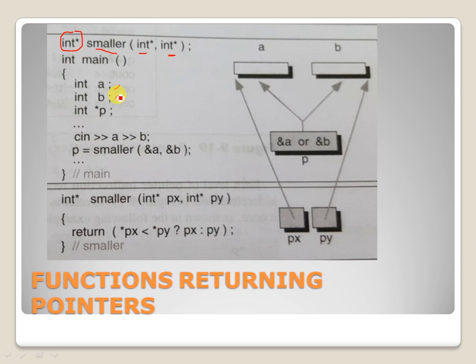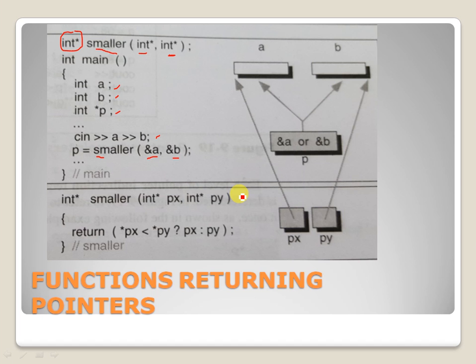In int main you are declaring simple variables a, b and a pointer. When you take this from the user and you make the function call, since you know pointers are used by reference, you can use ampersand of a and ampersand of b.